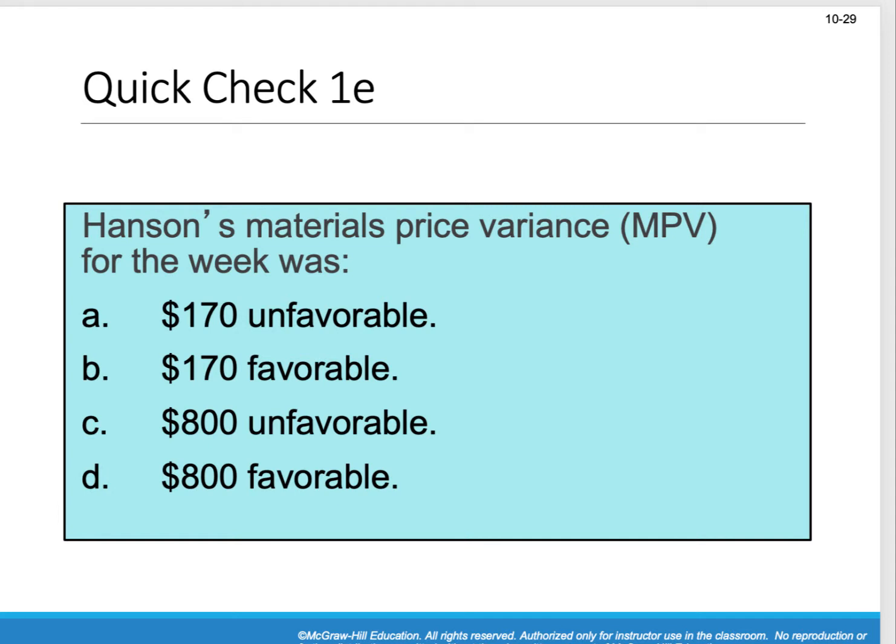Okay? We could do the same thing for the materials price variance, right? So how do I calculate the materials price variance? Well, remember, the price variance says we hold actual quantity constant and we multiply that actual quantity by the difference between the standard price and the actual price. We could do that very easily.